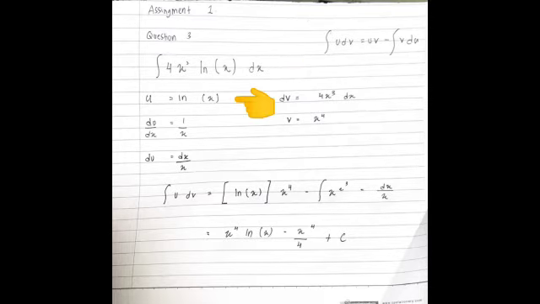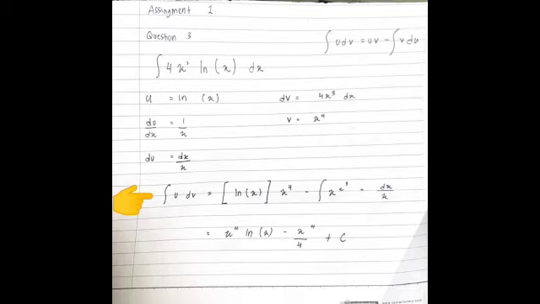For the first step, we write u equal to ln(x), and we replace it with du over dx equal to 1 over x. For dv, we have dv equal to 4x^3 dx, and simplify it into v equal to x^4. For the next step, we use du equal to dx over x, and we replace it into the equation.